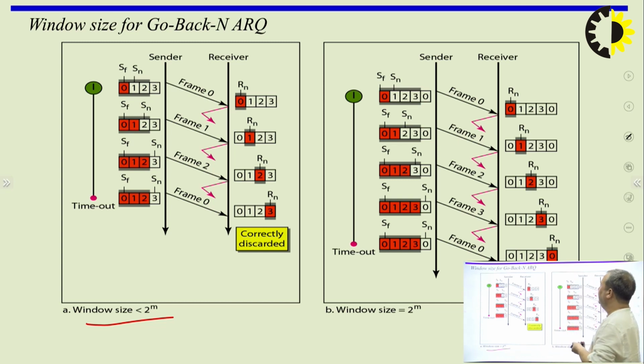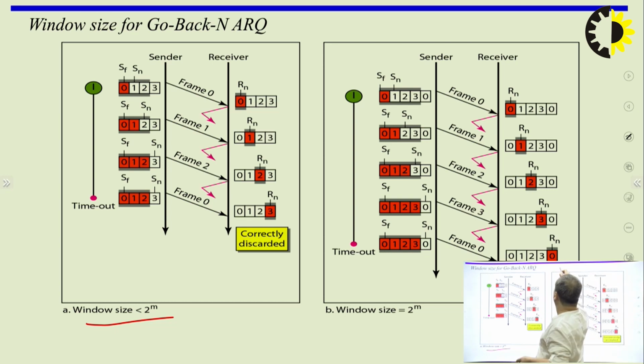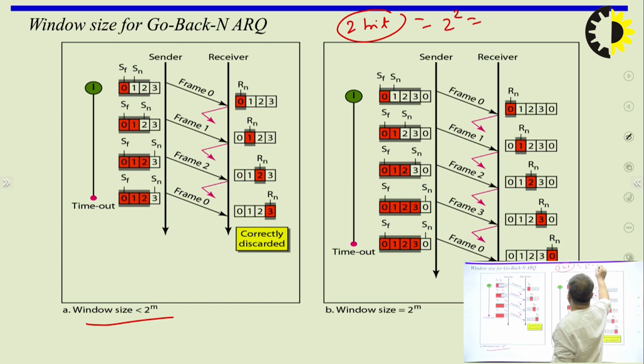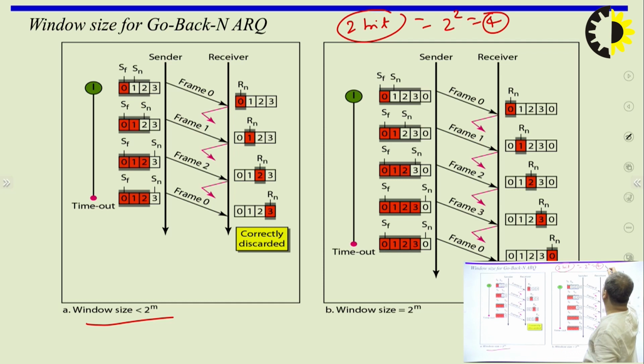Like here, 0, 1, 2, 3. Suppose 2 bits are used for the sequence number. By using 2 bits, how many sequence numbers could be generated? 2^2, that is 4. So with 4 sequence numbers, you can number them 0, 1, 2 and 3.